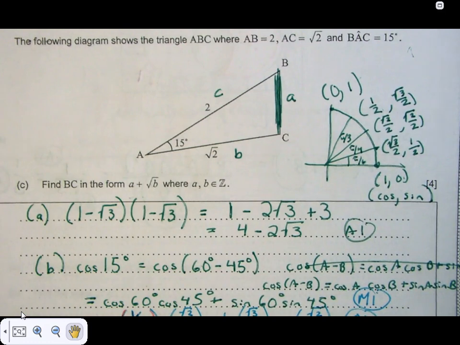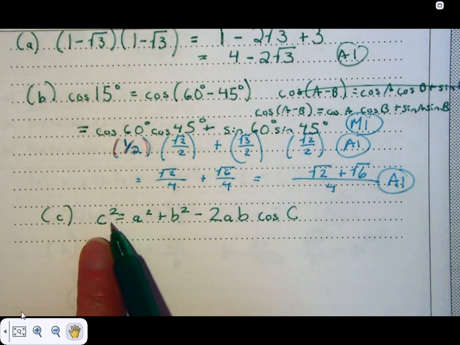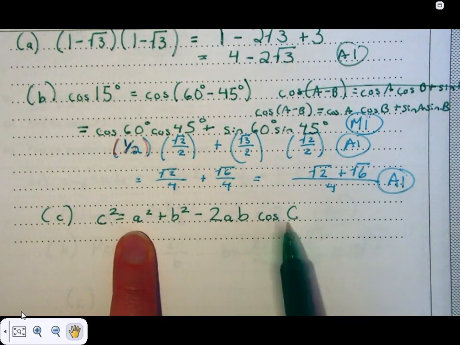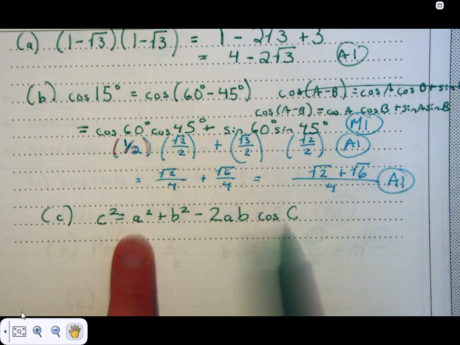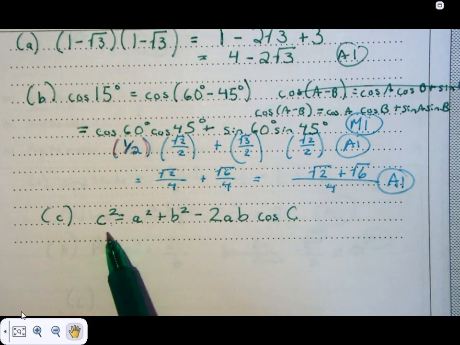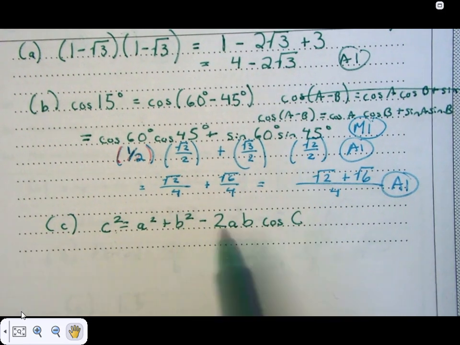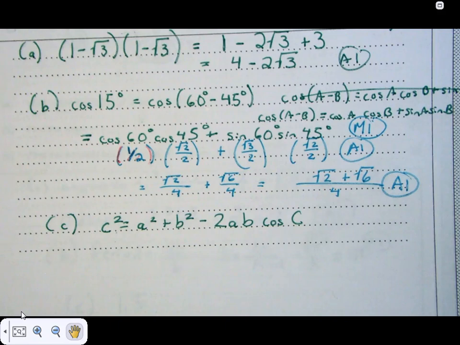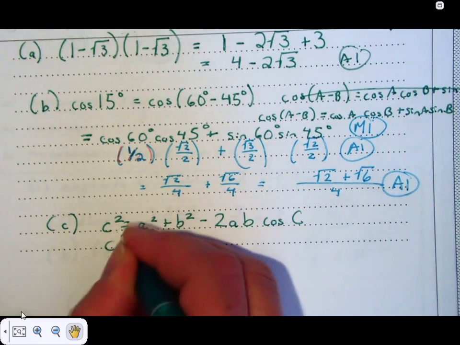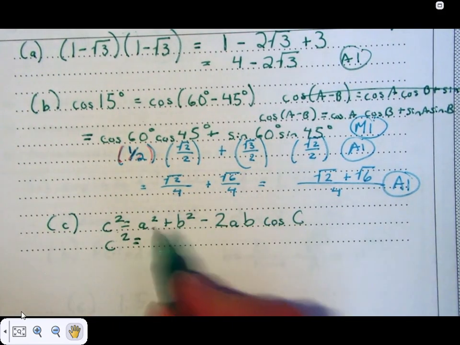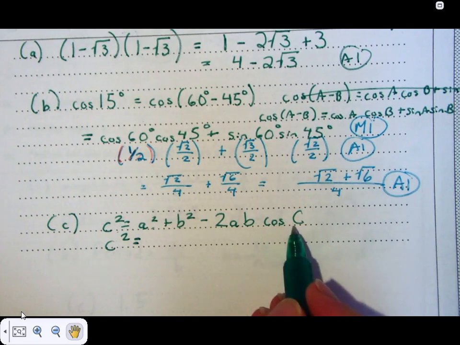So that's why I don't really care whether it's called A, B, or C. What I care is that this is the third side, these are the two sides I know, and this is the included angle. Now you could rearrange this and make it A squared equals B squared plus C, but I don't like to rearrange the letters. It seems like a waste. So I'm just going to leave it as C, and these are just going to be my two sides. This is going to be my included angle.